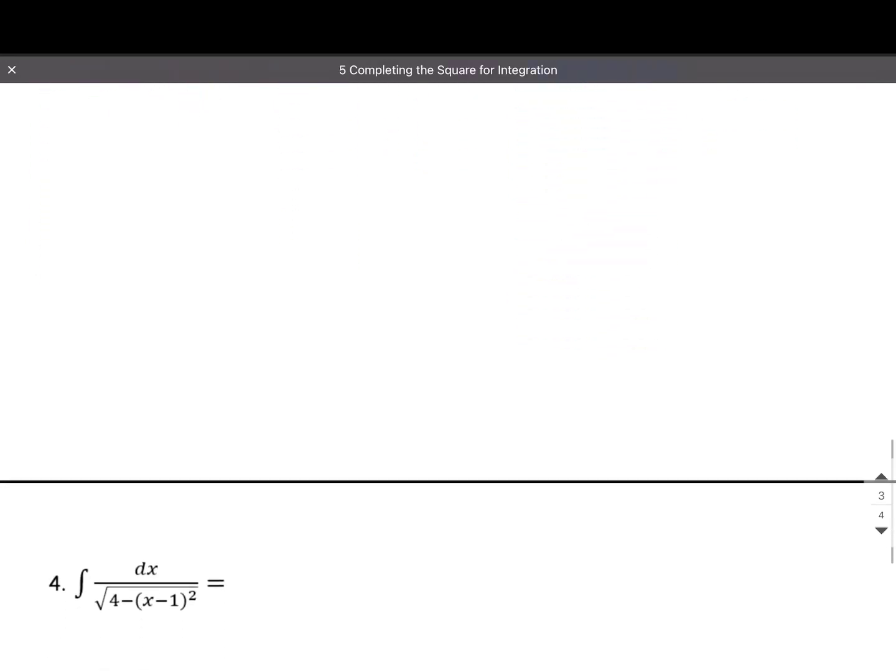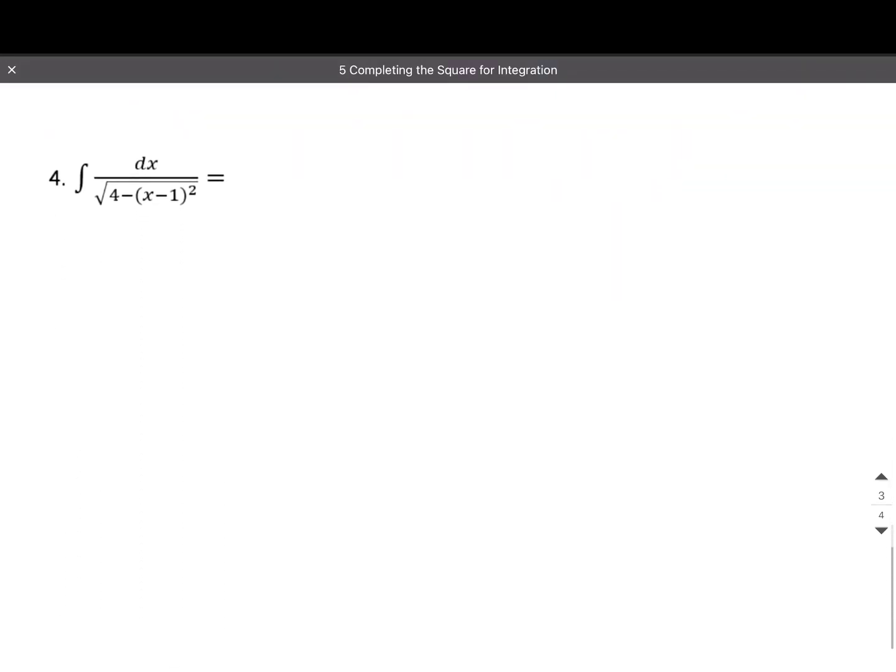One more problem, just to make sure we recognize the form. This problem has already done the completing the square. The completing the square part has already been done. It's in the form where a squared is 4, u squared is x minus 1 squared, so a is 2, and u is x minus 1, which means du dx is 1, or du is dx.